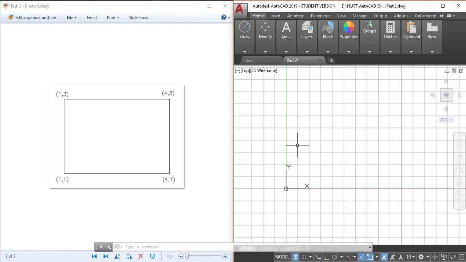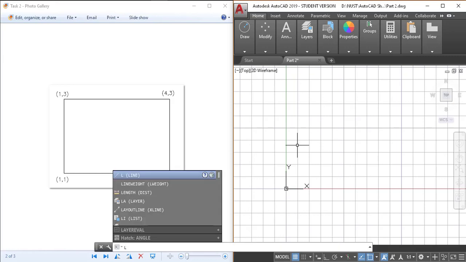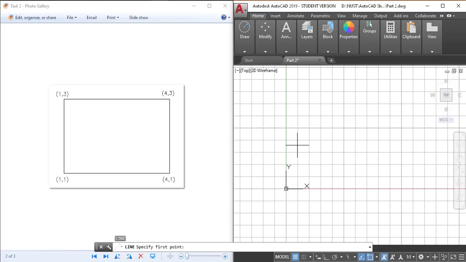In order to draw this rectangle, we have to invoke the line command by typing L and pressing enter. The first point is 1,1, so we just have to write 1,1. It means this point 1,1 is with reference to this origin.